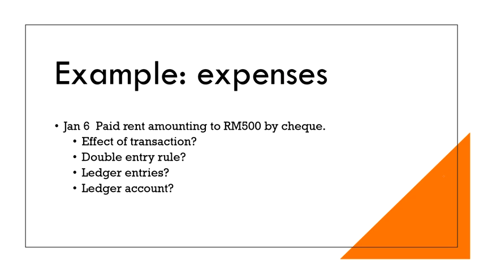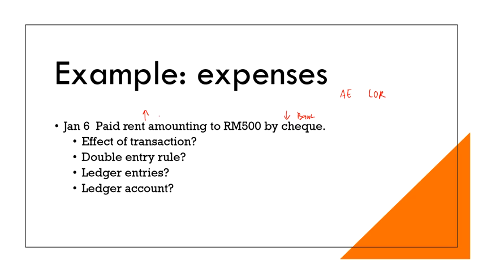So next, expenses. On 6th of January, paid rent amounting to 500 ringgit by check. So effect dia, paid rent, so of course rent increase, amounting to 500 ringgit by check. So of course you punya check decrease. Check is referring to your bank. So again, LR.